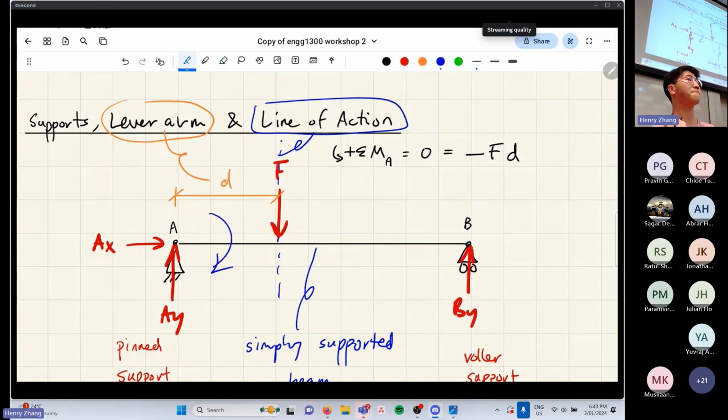It makes it go this way, right? And because it's clockwise, and we're taking the sum of the moments with the positive direction being counterclockwise, that's our convention, we end up with a negative there, right? That's why that negative's there. And we're also going to have to take into account BY, the other support. Let's call this distance from support to support L.